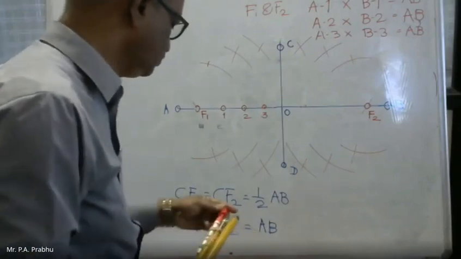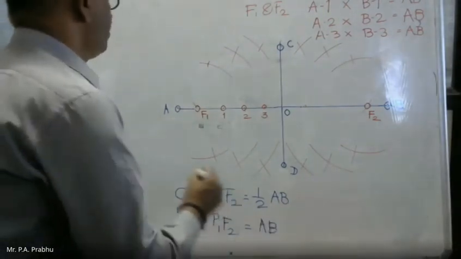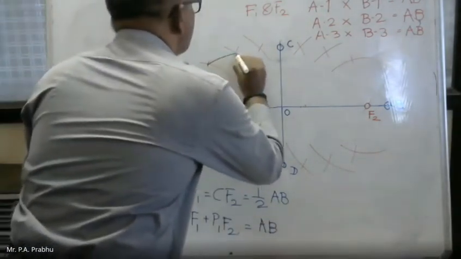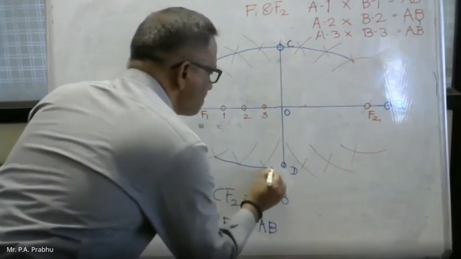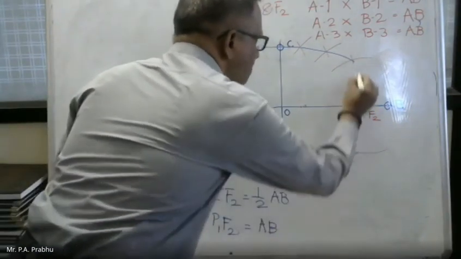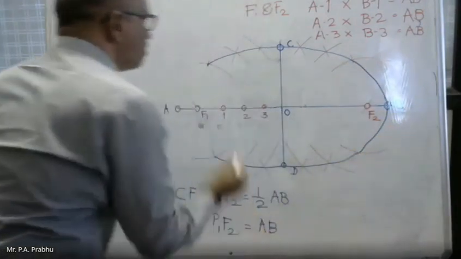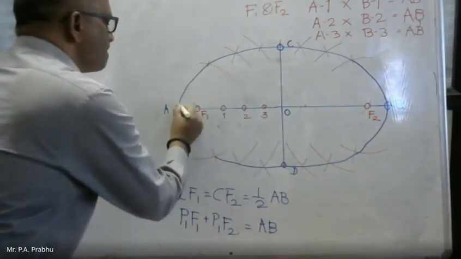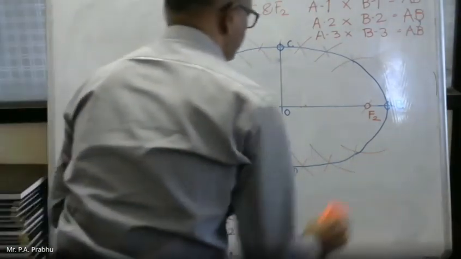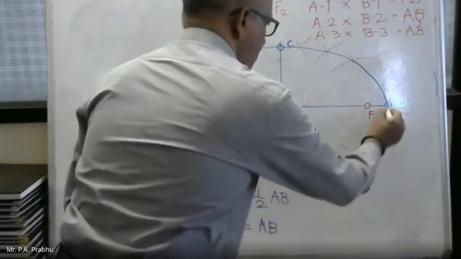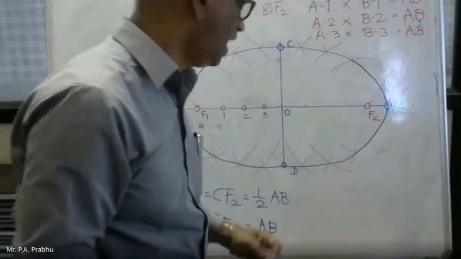So now with a smooth curve, join all these points. So this is the arcs of a circle method.